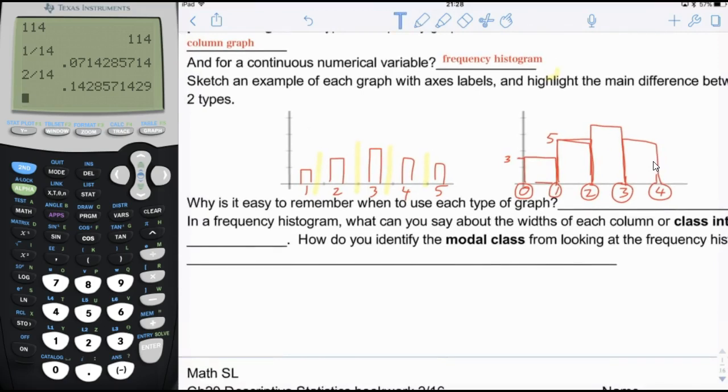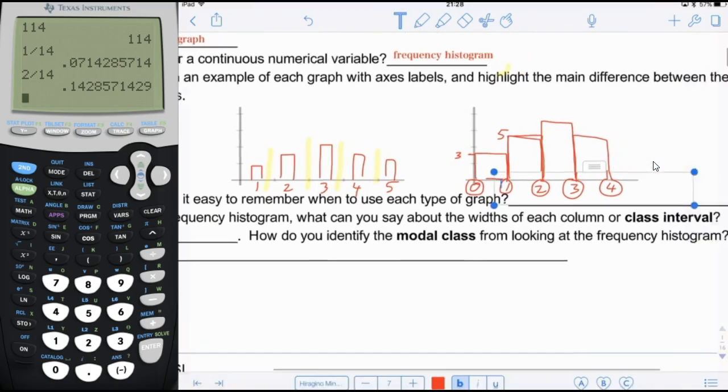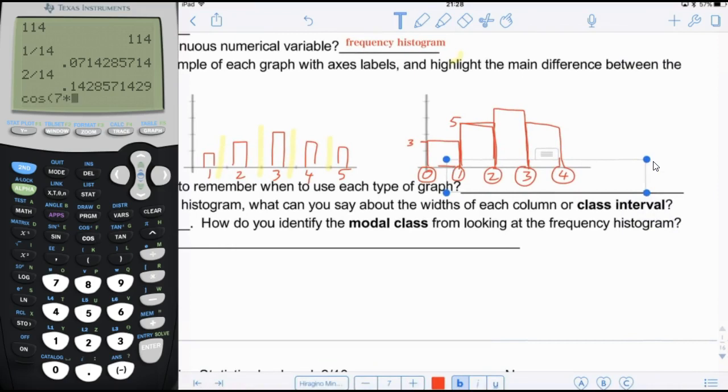Well, I think it's easy to remember because for discrete or whole numbers, the columns are spaced apart, just like the numbers.